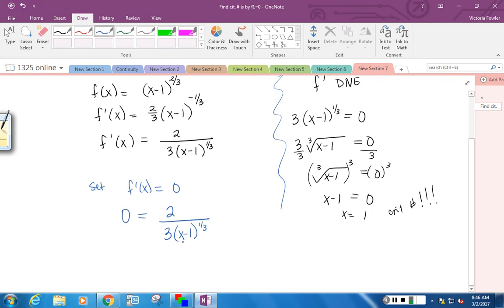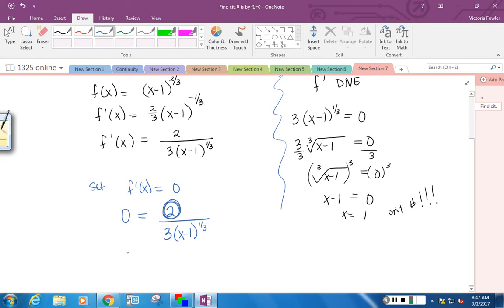No matter what x value I plug in here, and of course I don't want to plug in 1, that's what doesn't exist, I will always have 2 divided by some number. 2 divided by 3, 2 divided by 5, 2 divided by 500. And with this constant sitting in the numerator, anything I plug into the bottom, I'm just going to have a fraction, and that fraction will never equal 0. We will never be able to plug in an x value and have this right-hand side evaluate to 0.